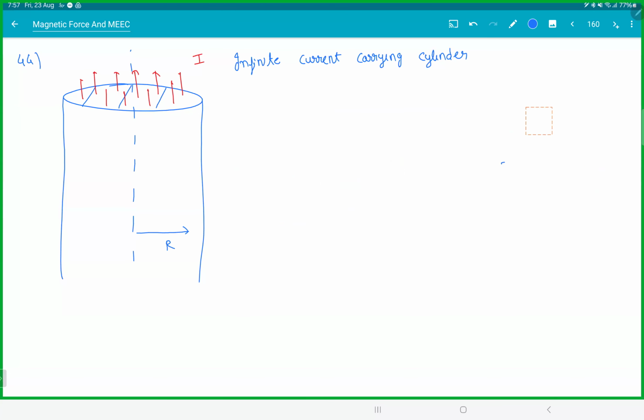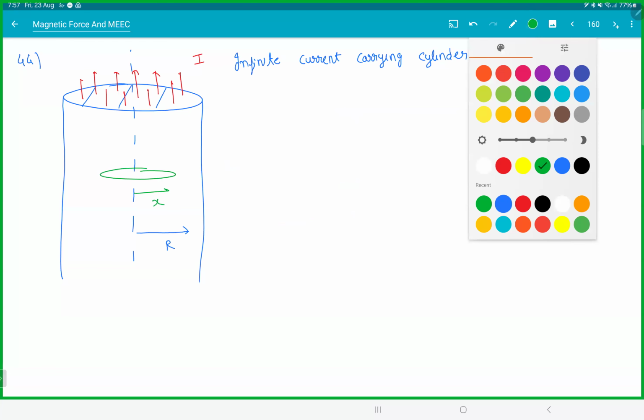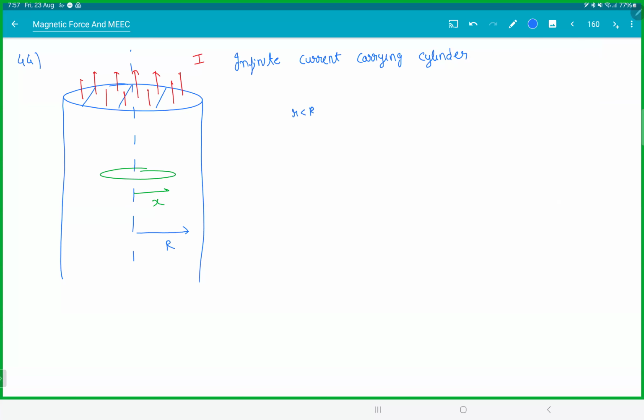Find the pressure, that's a good one, choosing an element and all. Take a loop here at distance x. For x less than or equal to R, integral B dot dl equals mu naught times I by pi R square into pi x square. This would be B into 2 pi x, giving mu naught I x square by R square.